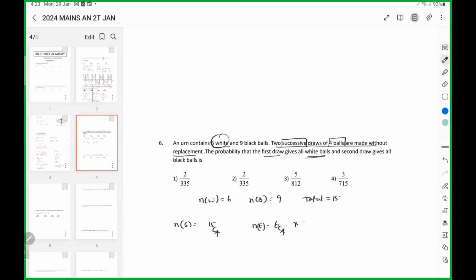11 are left over. So from the 11 balls, the second draw gives all black balls. How many black are there? 9. So 9c4. So 6c4 into 9c4.